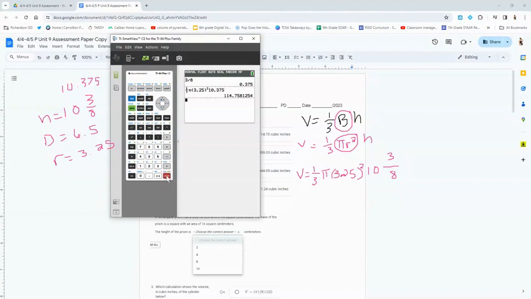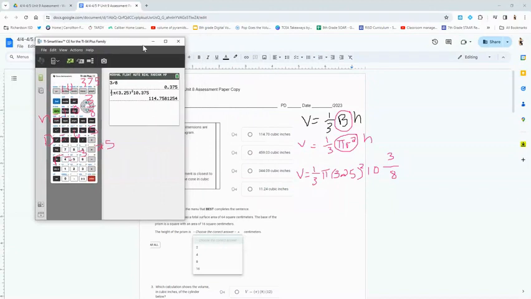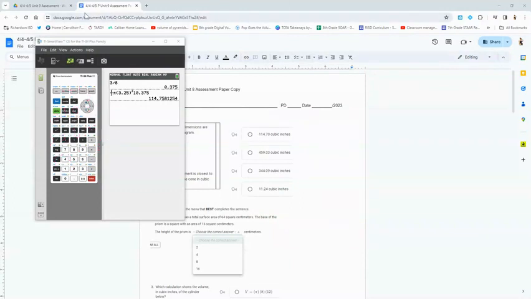I'm going to press enter. And I see I have a volume of 114. So I know that my answer here is going to be A. Make sure you write this down on your paper just like this if you want full credit. All right, now I'm going to move on to the next question.